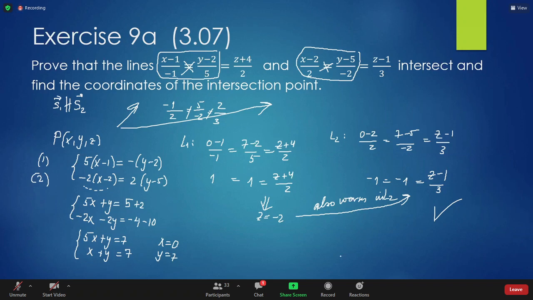Just like with this, we find x and y using the first two coordinates, but then we need to check that the third coordinate actually works in both lines. And then, of course, writing down the answer. So the intersection point would be, as we can see, 0, 7, and minus 2. Those are the coordinates.